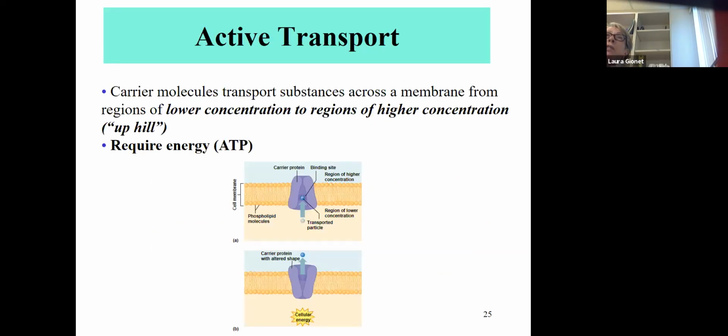Okay, active transport. So we looked at passive transport. We need to look at active. The carrier molecules can transport substances across a membrane from regions of low concentration to high concentration, or uphill, and it requires ATP. All right, so before, diffusion and osmosis were passive and didn't require energy because they were moving downhill, essentially rolling downhill.